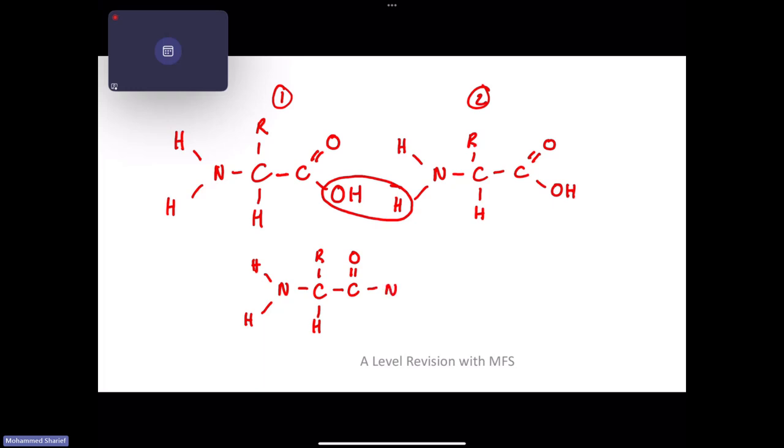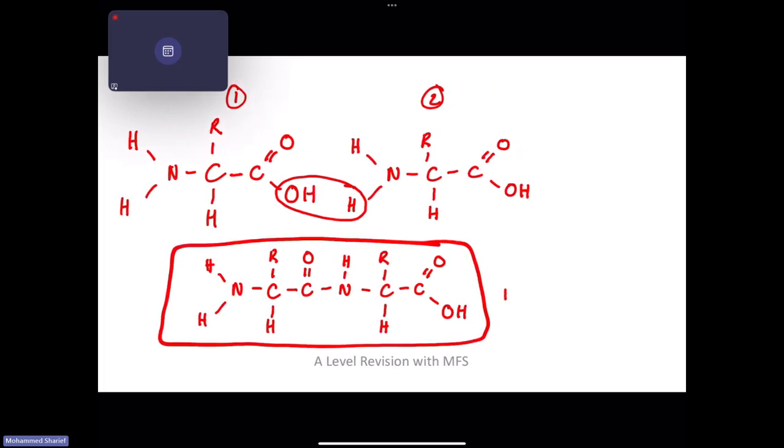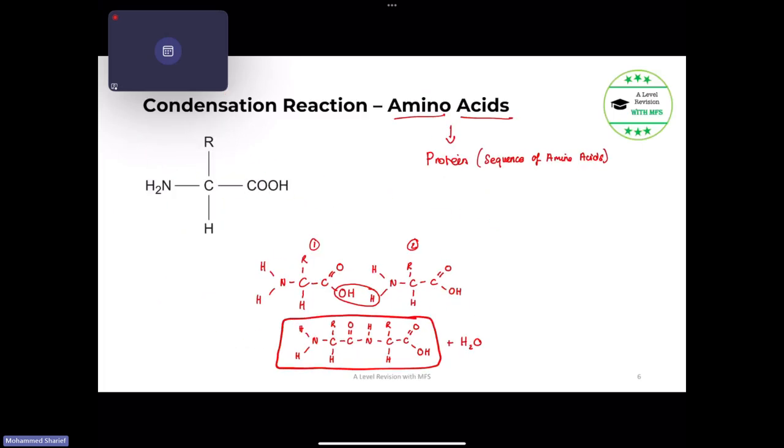Okay, because we released the H2O, and the nitrogen is bonding to the hydrogen, and that's bonded to its normal carbon with the R group and carboxyl group. Now this is the dimer that we have formed, and we have released water in the process. So what's actually gone on over here is that water has been released in the process. Two amino acids have joined together, a peptide bond has been formed, and this is a condensation reaction.